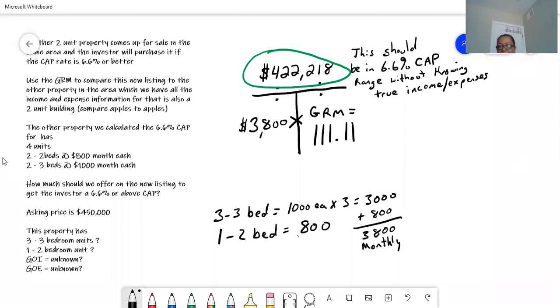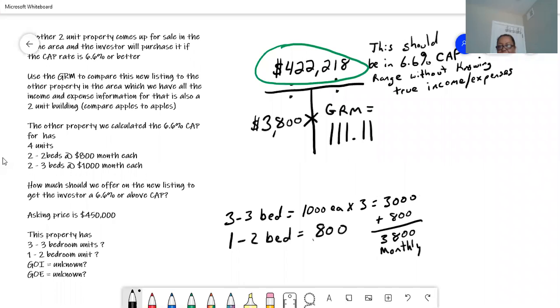So all we did here is apply known figures from a similar property.